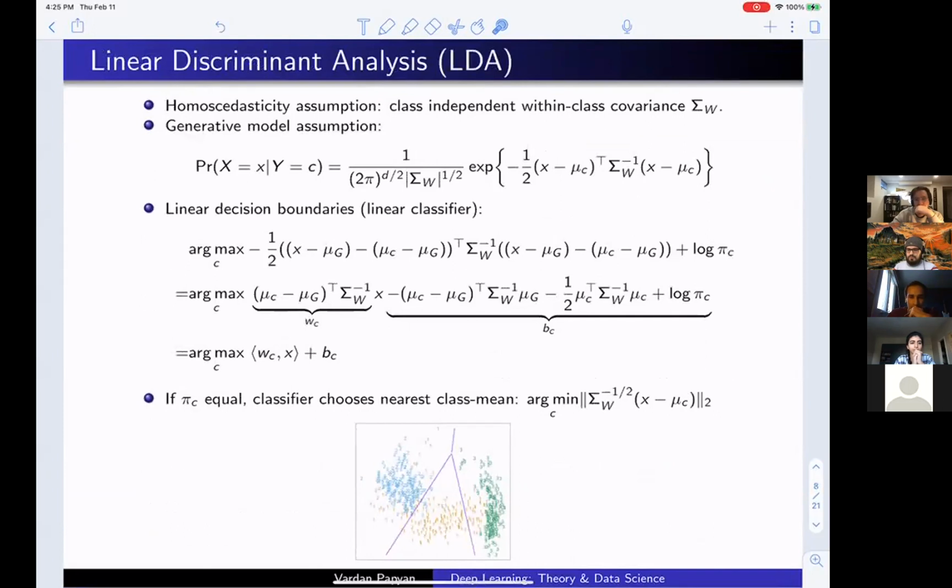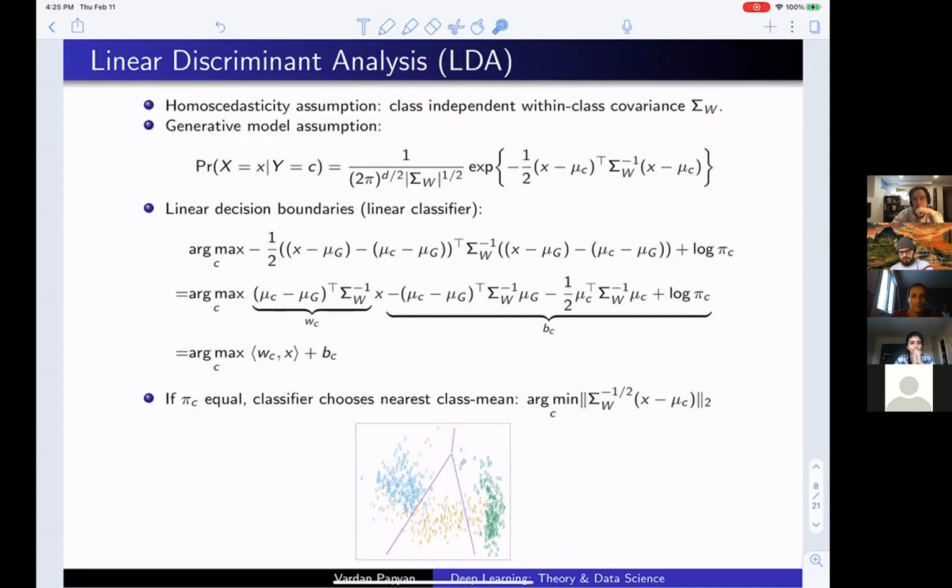So usually this is called homoscedasticity. I'm probably mispronouncing that. And the homoscedasticity assumption is saying that the classes have independent within-class covariance sigma W. W is within. Okay.